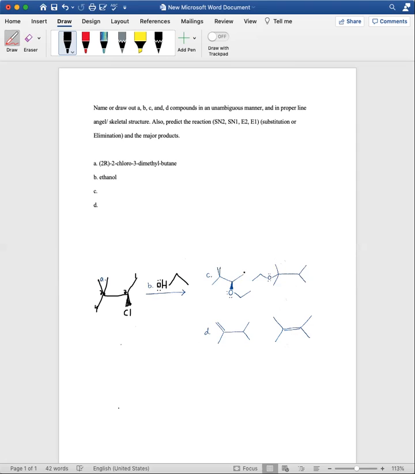I like to put my number 1 here, 2 here, and 3, and 4. We have 1, 2, 3, 4, which is 4. The prefix for 4, which we said before, is but. So we can start writing down but.